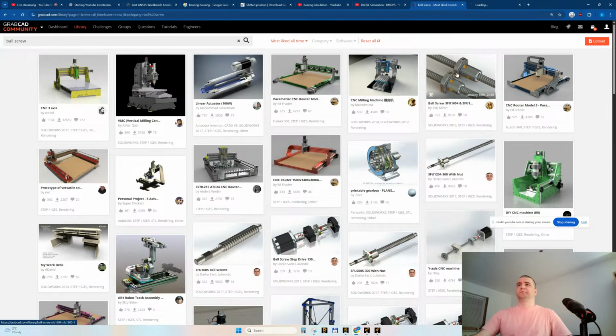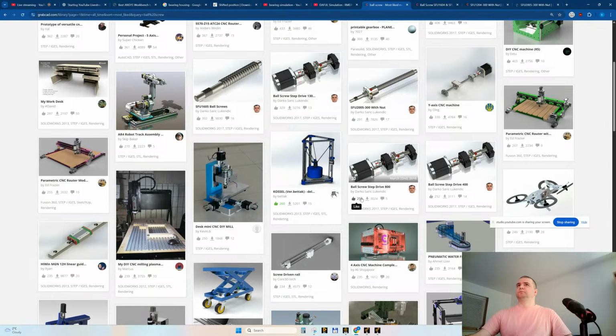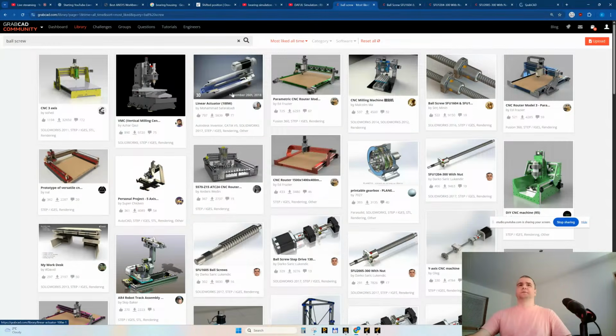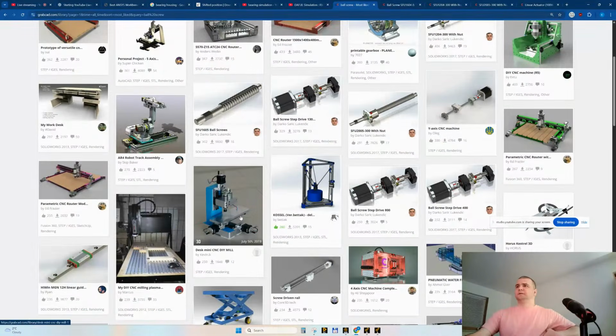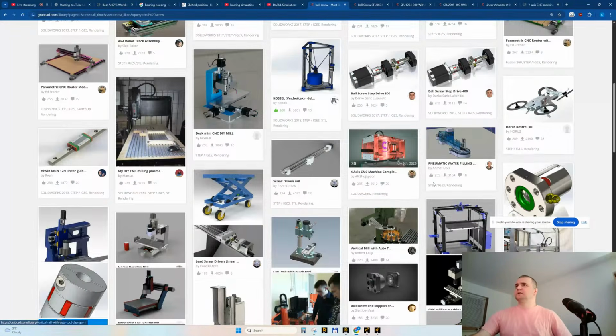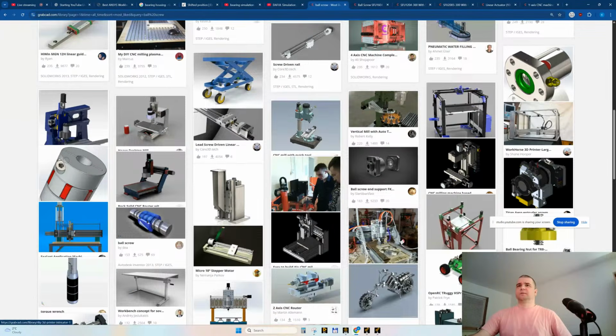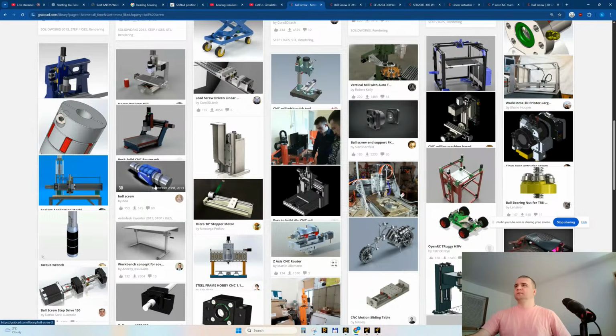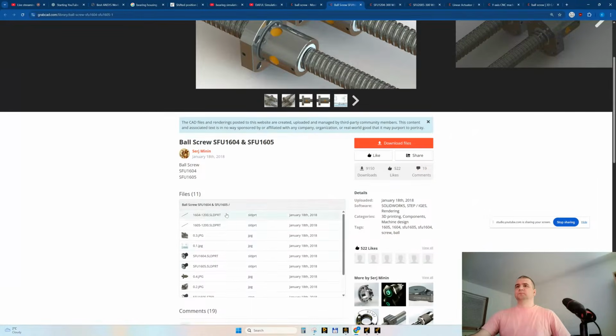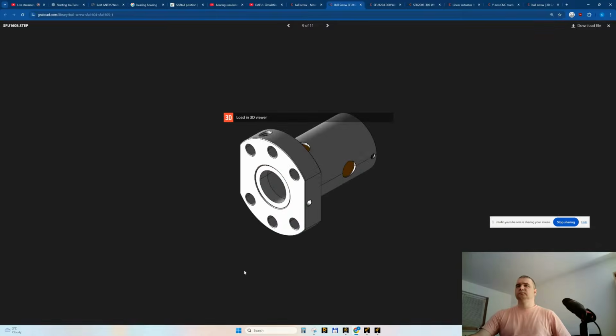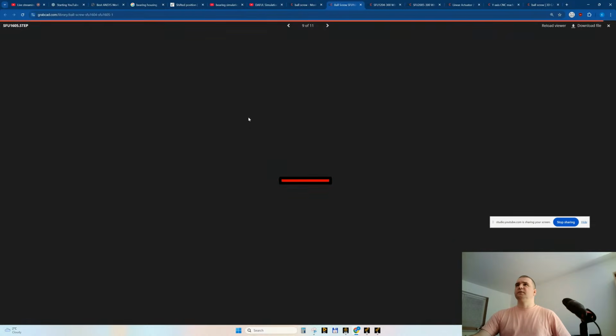Ball screw. Linear actuator. So the nice renders get most likes and comments, but inside this looks promising. This looks promising. This is only the knot, if I see correctly.